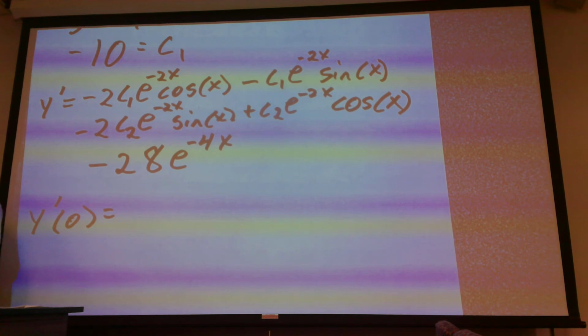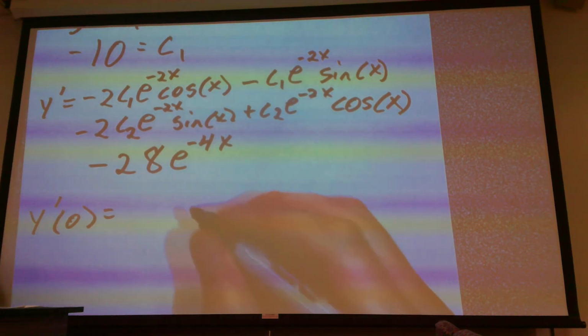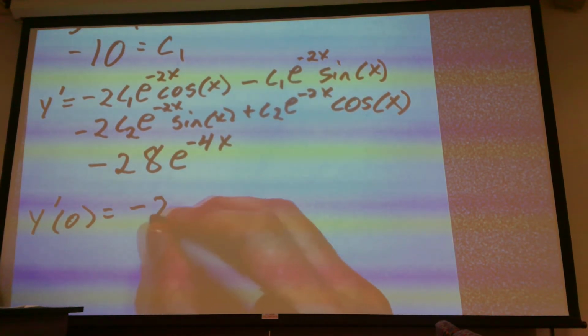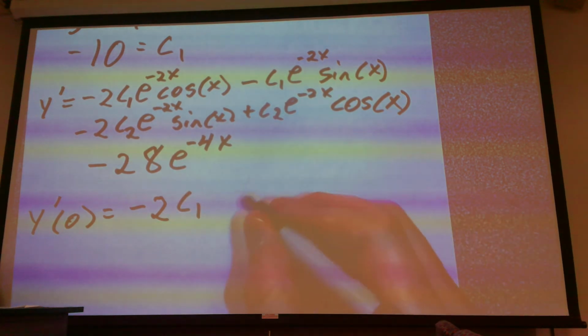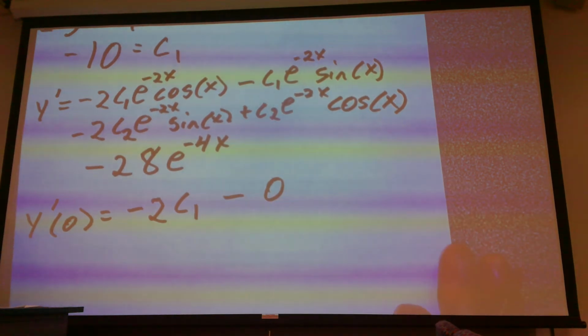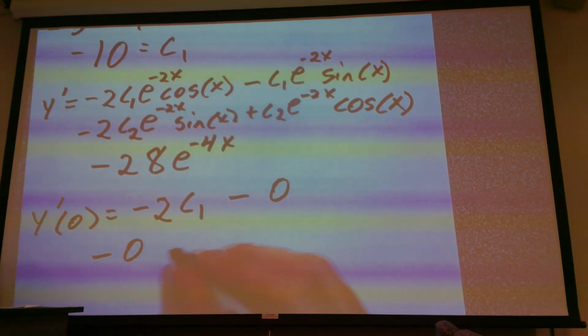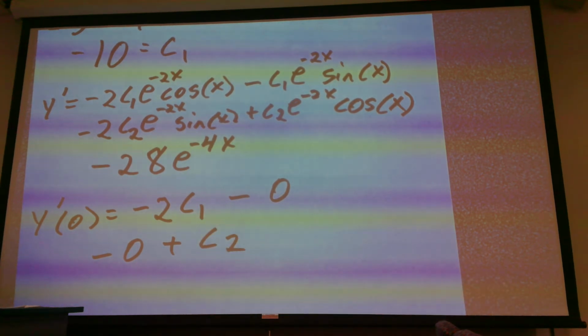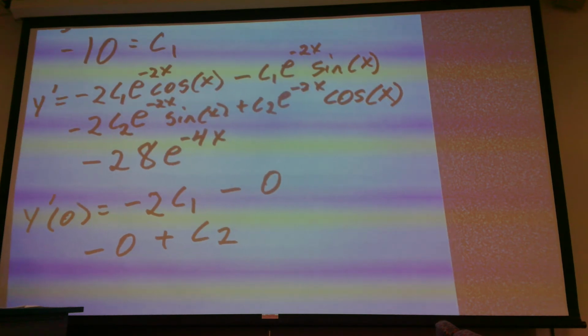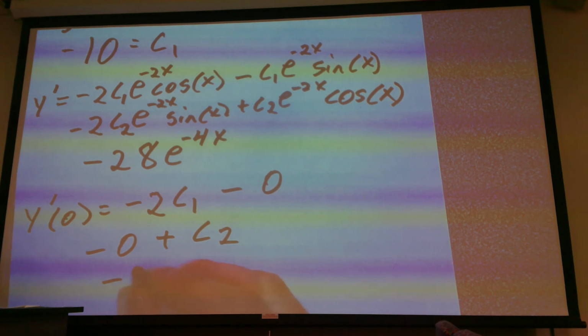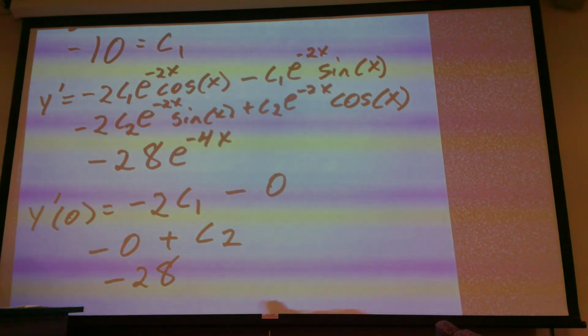So the first one is going to be negative 2 C1, and I know that we'll turn that into a number in a second. Then this guy would be minus 0, and then plus C2. So that's the top line and the middle line, and then minus 28, and all of this is supposed to equal negative 3.